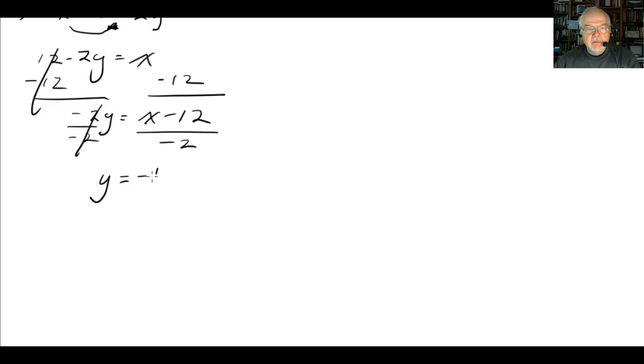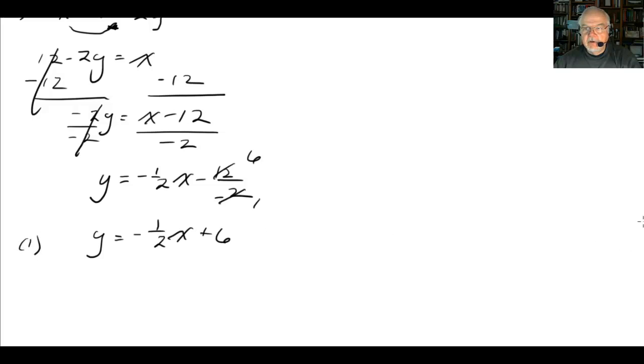And we end up with minus a half x, minus 12 over minus 2. So this becomes y equals minus a half x plus 6. That goes into that once, that goes into that 6 times, and it's plus because these are two minuses. All right, so that's equation number 1 in slope-intercept form.